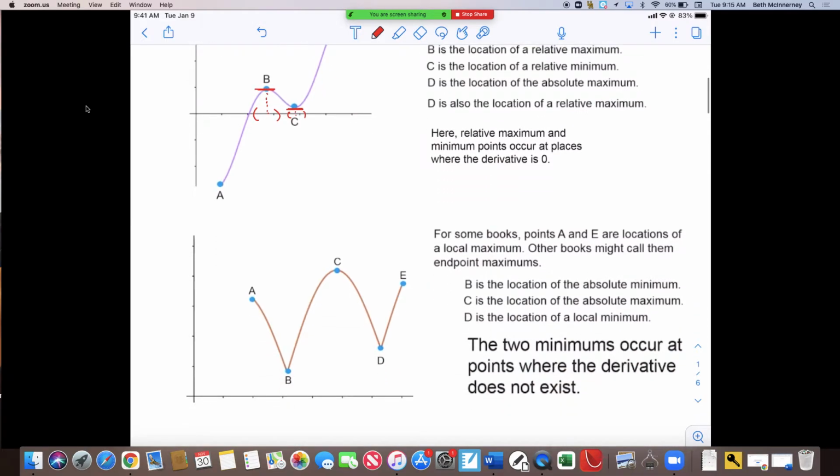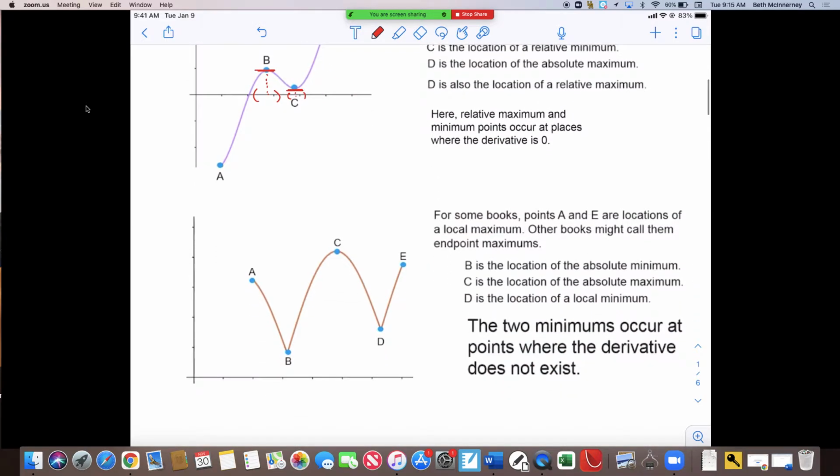For some books, and if we look at this next one, A and E are locations of a local maximum. Other books call them endpoint maximums. The good news is on the AP exam, they're not going to give you a question like that because it's ambiguous depending on what textbook you use.